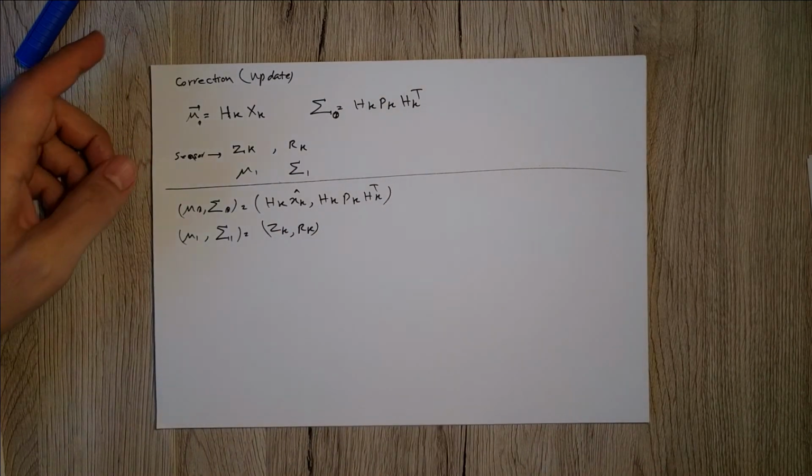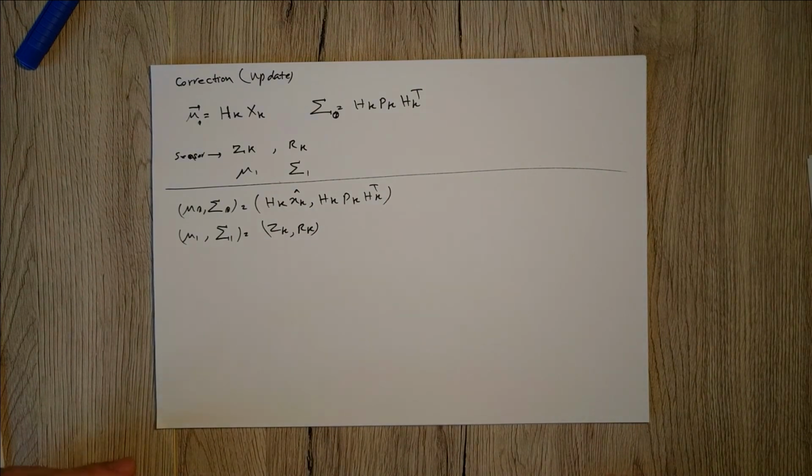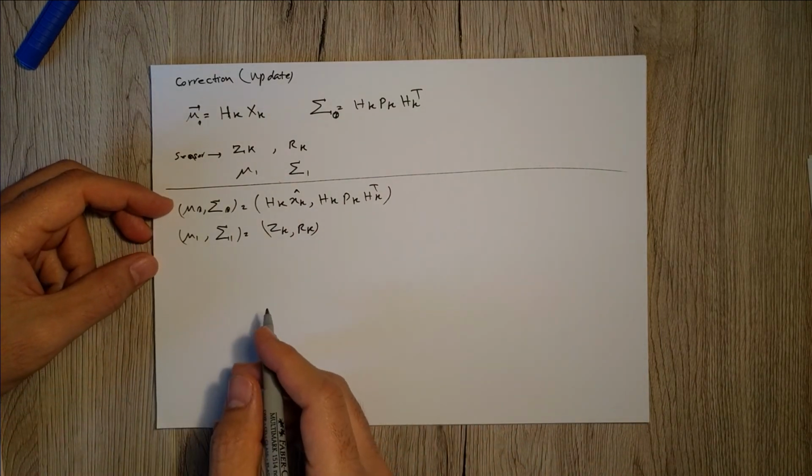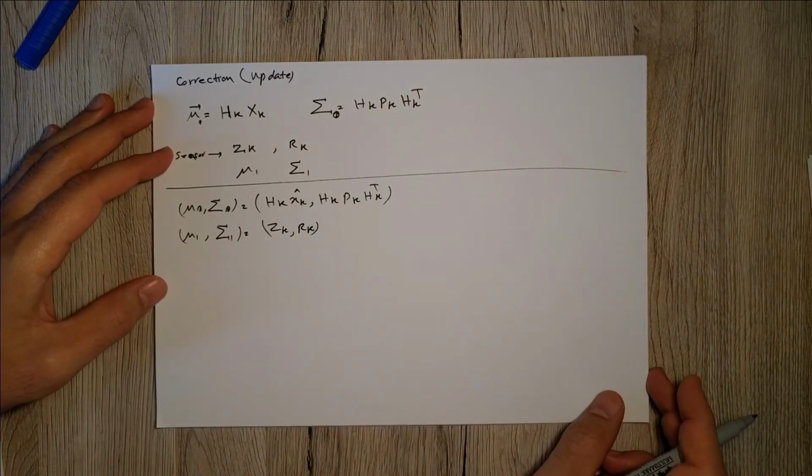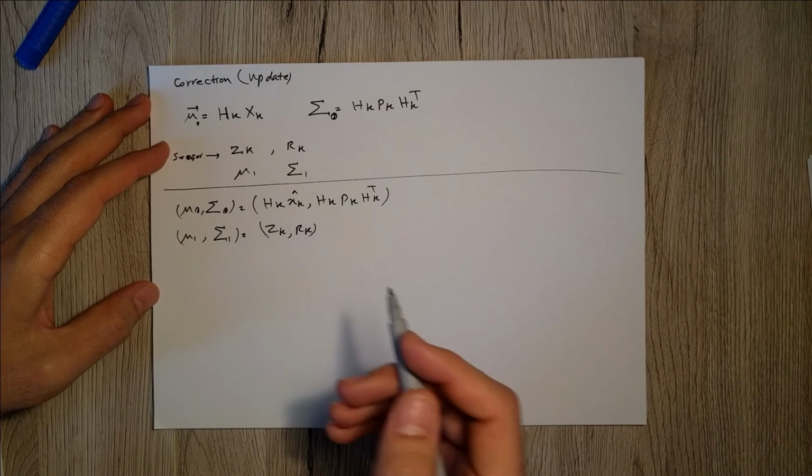Okay, if you remember from the first slide, because we trust both of them and we want to make a judgment based on both of them, we just multiply them because it's a joint probability.